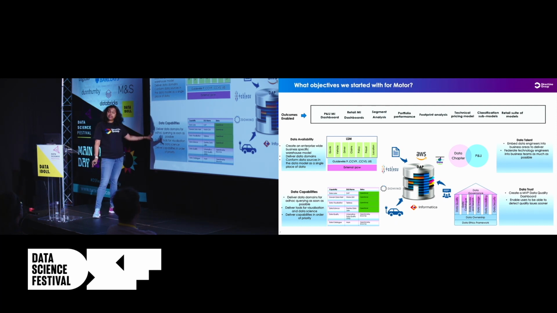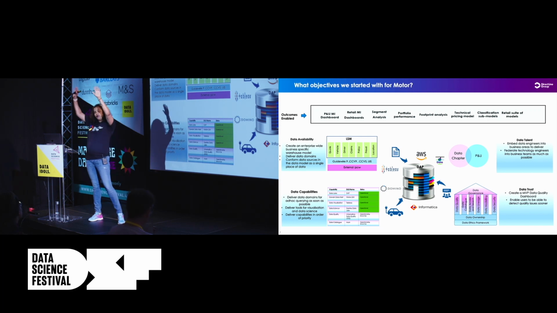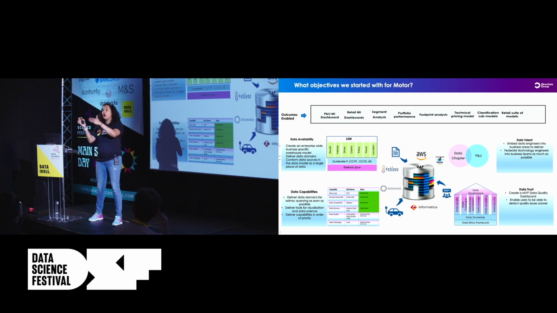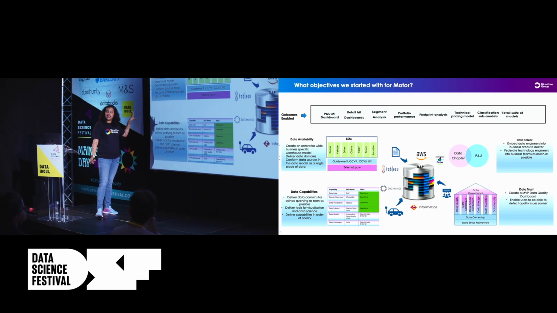From a capability perspective, people had to do a lot of manual processing in one system, go to a new system, do the processing there, join it, and merge it together. So one of the important goals was that that capability should come from this single platform where all of the ad hoc querying and data science could be pointed to.